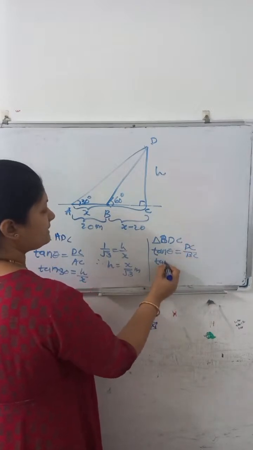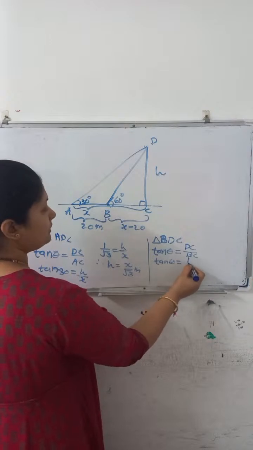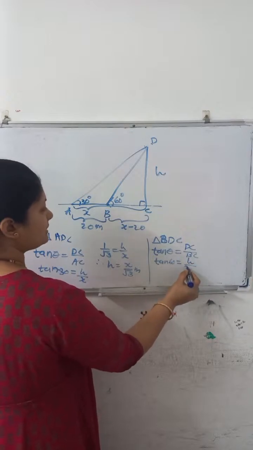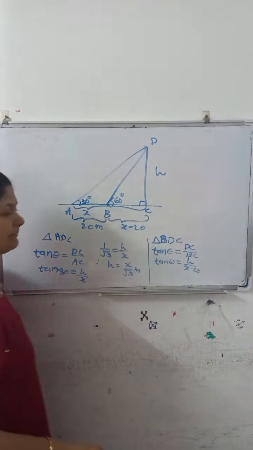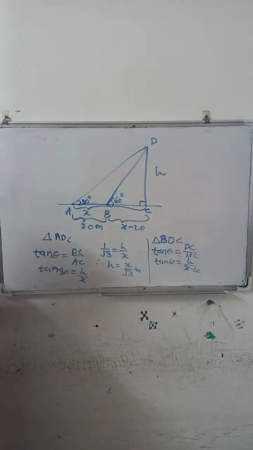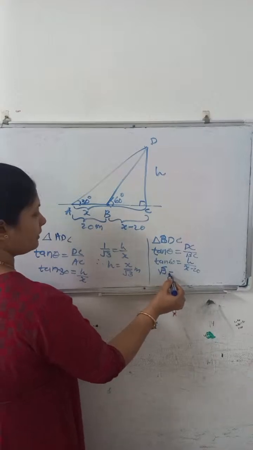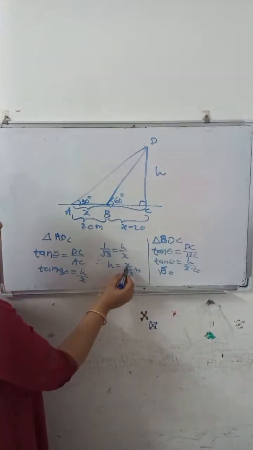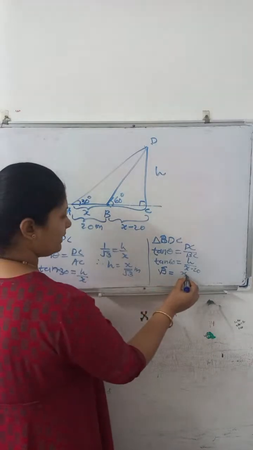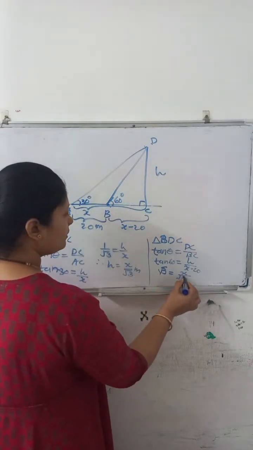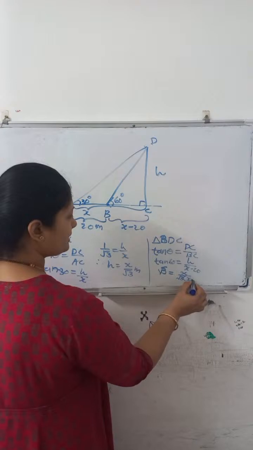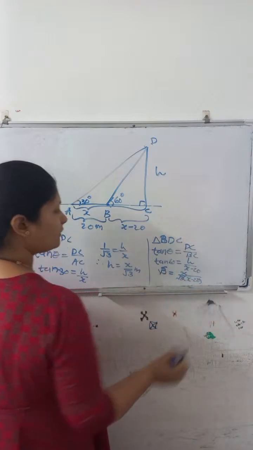So tan 60 is equal to DC, which is h, by BC, which is x minus 20. Can you get this? Now tan 60 is nothing but root 3. So h is x by root 3, so you can write x upon root 3 into the bracket x minus 20. Can you get this?